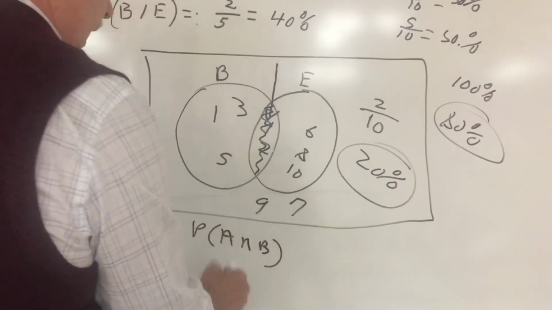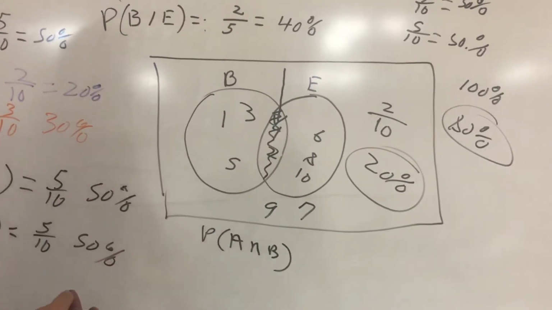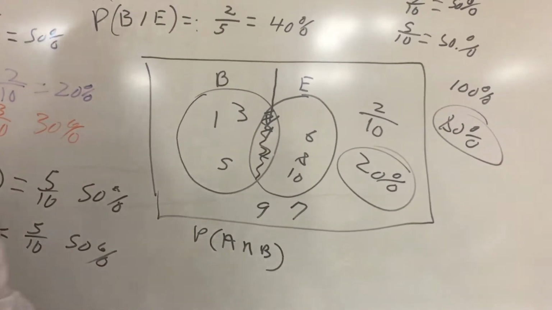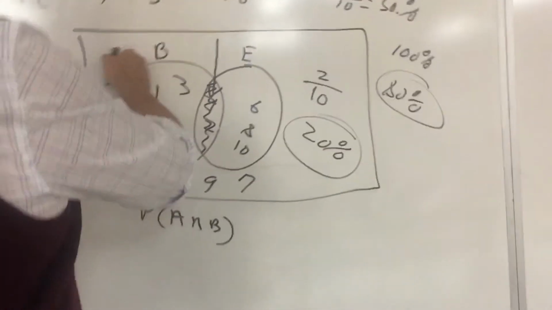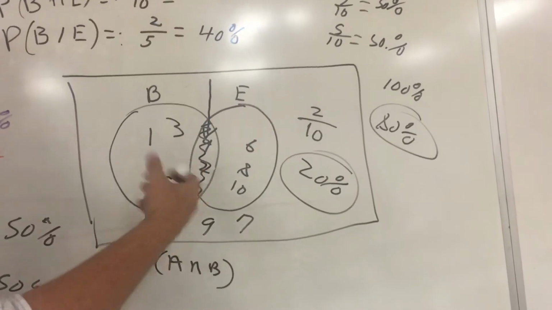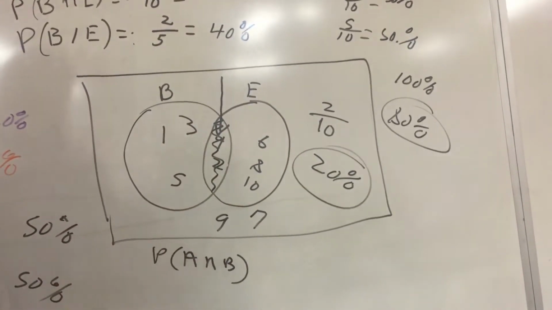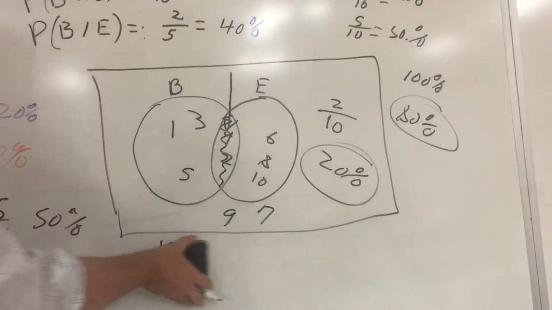So the probability of A and B will be subtracted, and then you can say that the probability of A or B is equal to the probability of A plus the probability of B minus the probability of A and B.